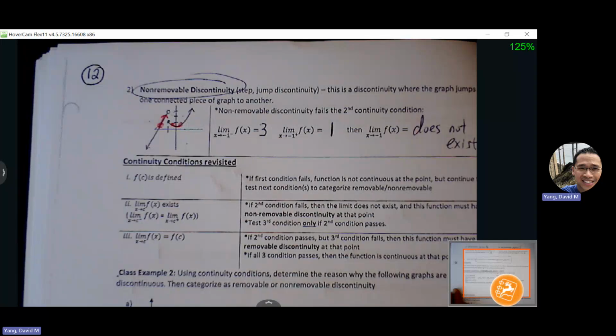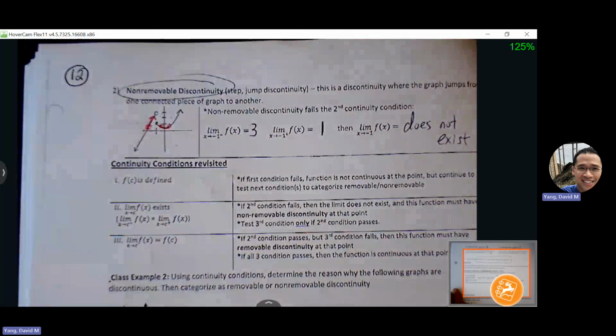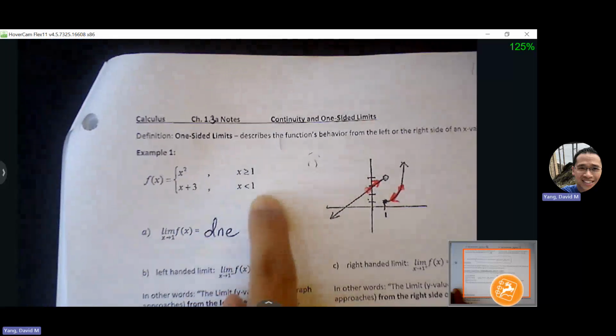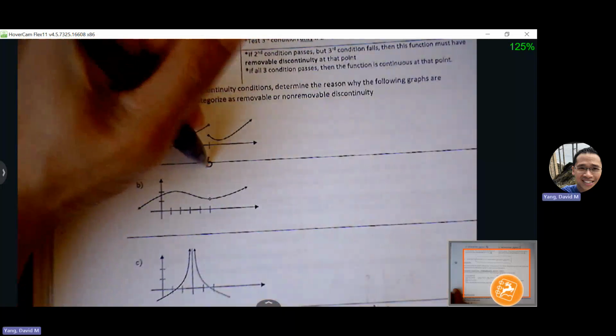It's always the point that is in question. If it's a piecewise function, like the first example, you look at the x value that they're identifying, and that's going to be your C value. And if you look at the graph, you can just find where the point is obviously having issues. So here, our C value is at 5. We highlight that point.